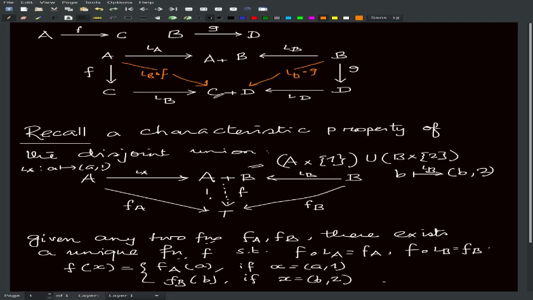You have a set and two maps, one from A and another from B, coming to that set. So by the characteristic property, there exists a unique map H such that H composed iota A is iota B composed F, and H composed iota B is iota D composed G.